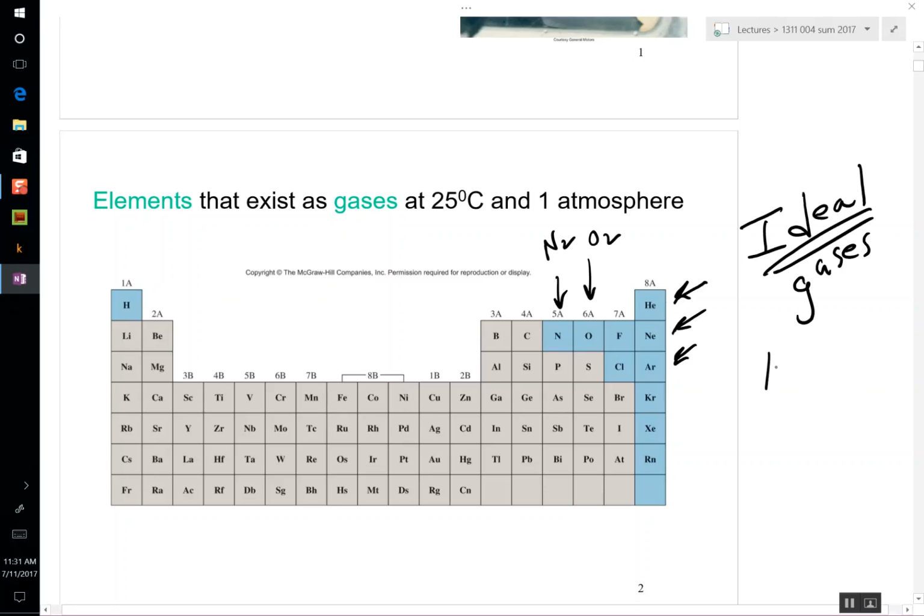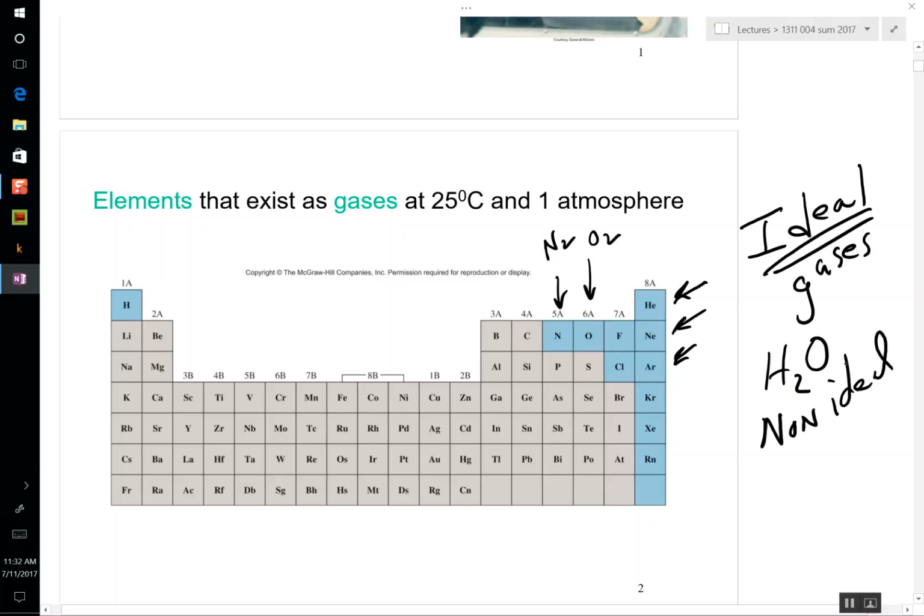And some other gases like water. Okay, water is a liquid, but at, let's say, 150 degrees centigrade, water is a gas. It's above its boiling point, so it's a gas. But at 150 degrees C, water does not follow these laws very carefully. So it would be non-ideal.